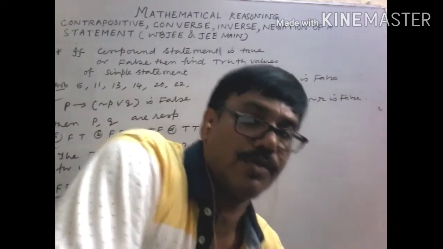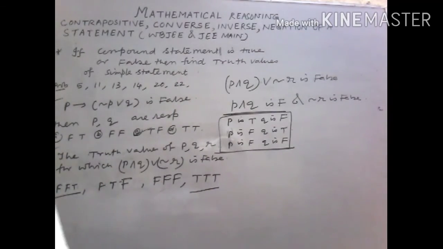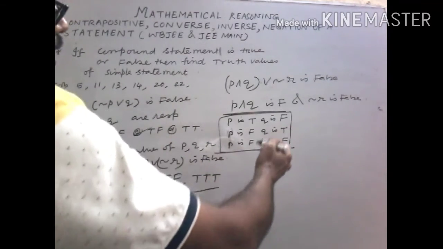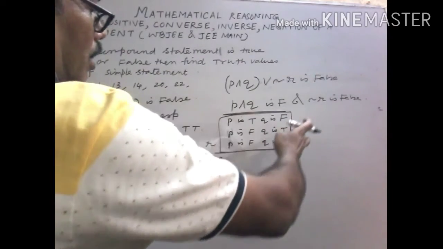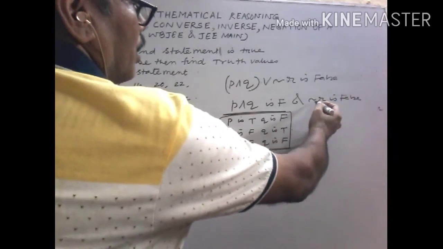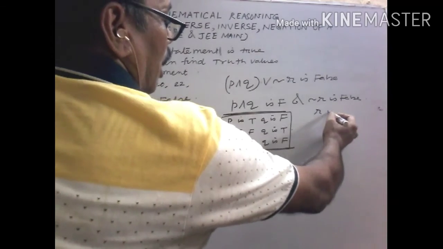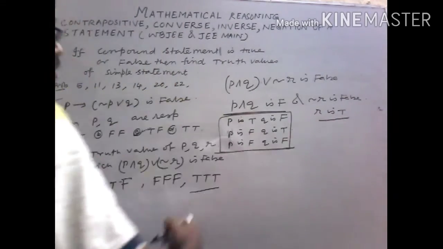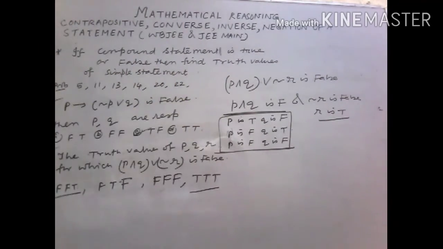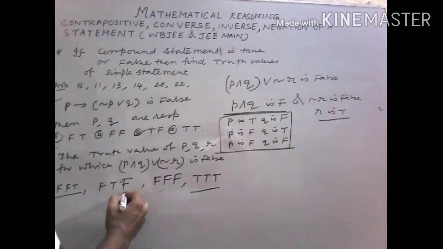These are the four possible options. Negation R is false, that is R is true. So the last value must be true. So the options ending in F are not correct. We are sure.